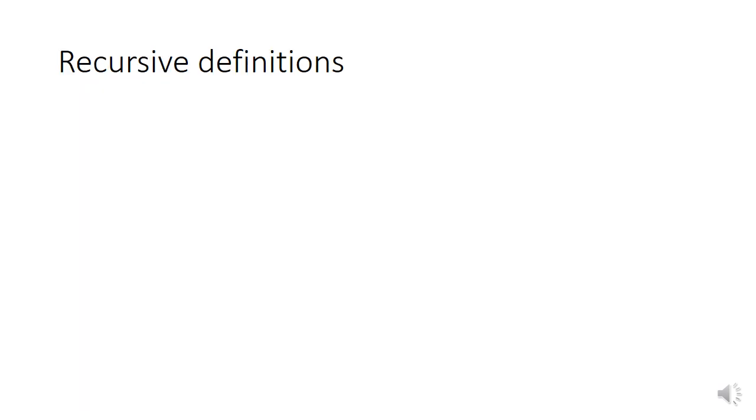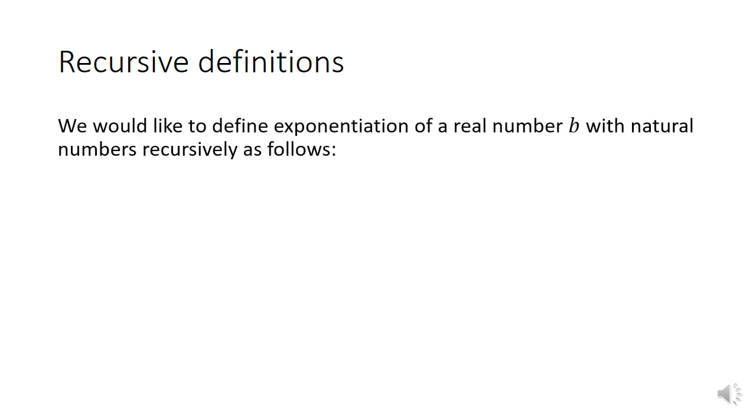In connection with the natural numbers, recursive definitions are often found. For example, we would like to define exponentiation of a real number b with natural numbers recursively as follows. b to the power of 1 is b, and b to the n plus 1 is b to the n times b.